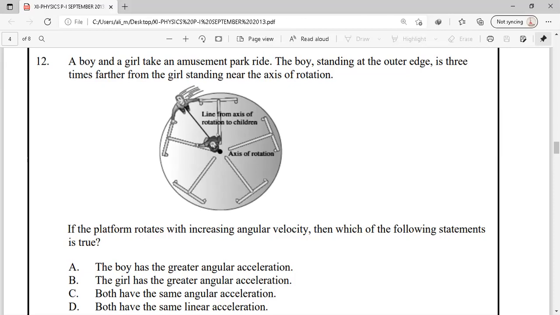If the platform rotates with increasing angular velocity, then which of the following statements is correct? The boy has a greater angular acceleration. The girl has a greater angular acceleration. Both have the same angular acceleration or both have the same linear acceleration. So the formula for the acceleration will be a is equal to r alpha.